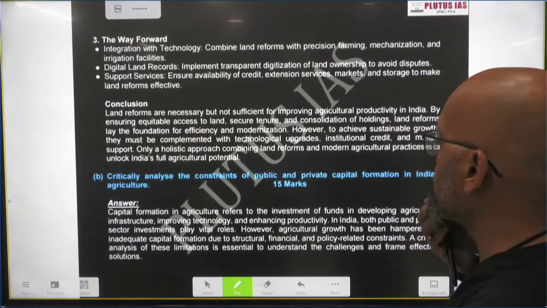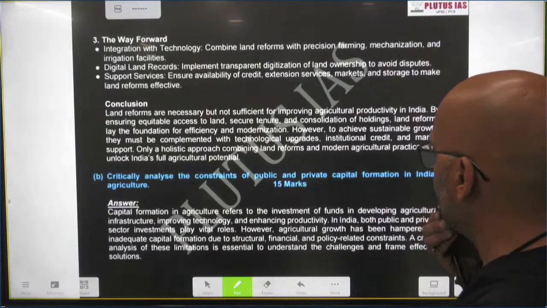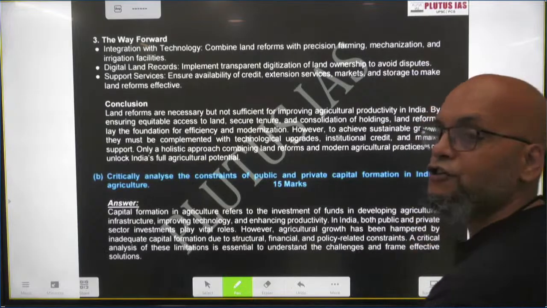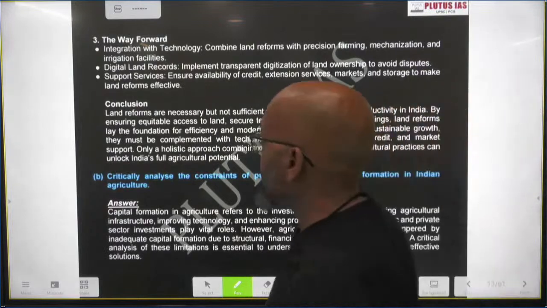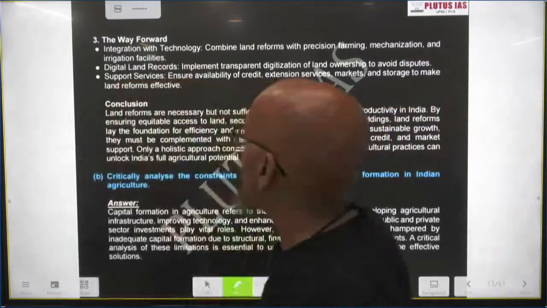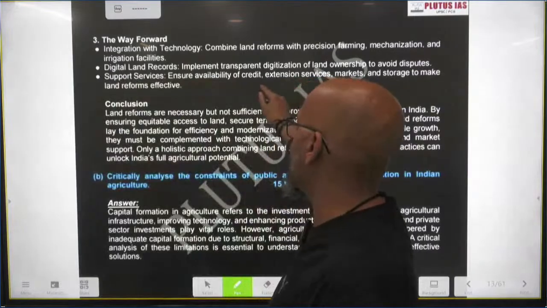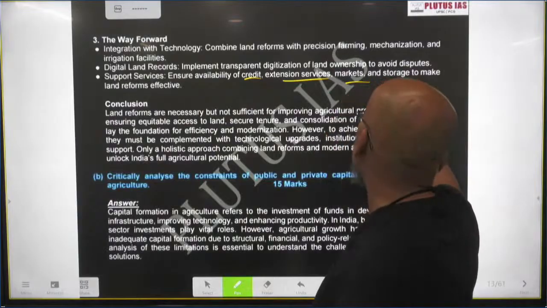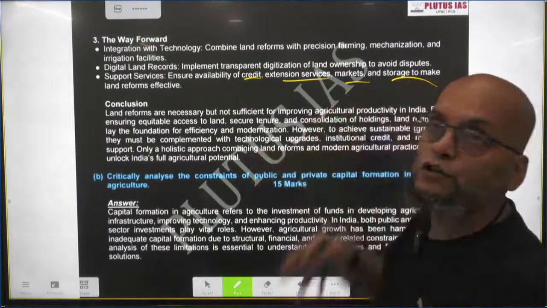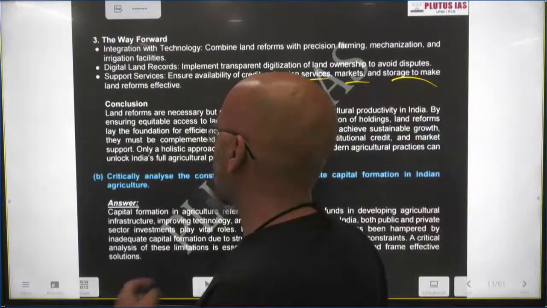Then support services: ensure availability of credit, extension services, market and storage to make land reforms effective. So guys, support services are also necessary. Farmers need credit, extension services, they need markets, they need storage facilities to store their produce. All this is also necessary.